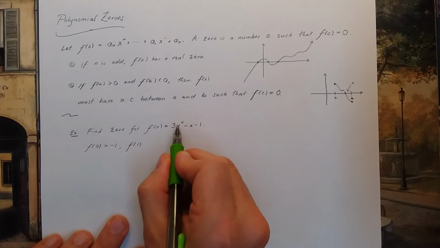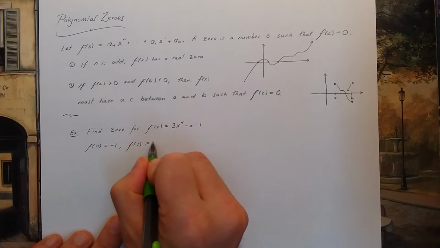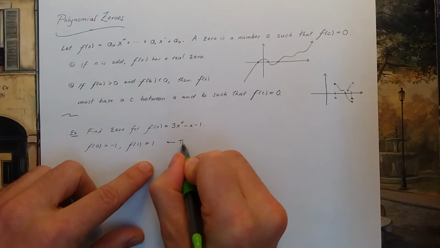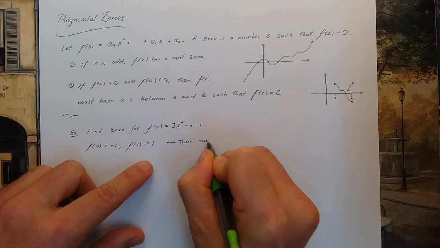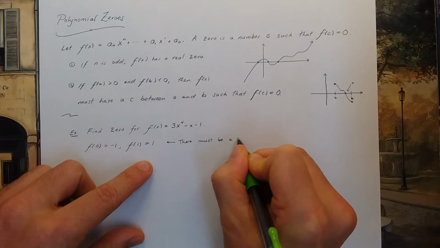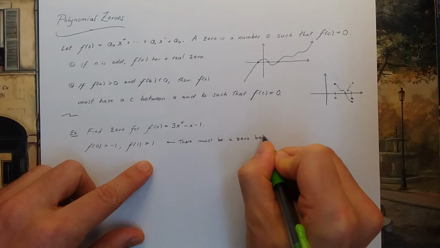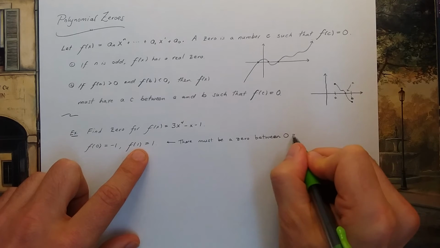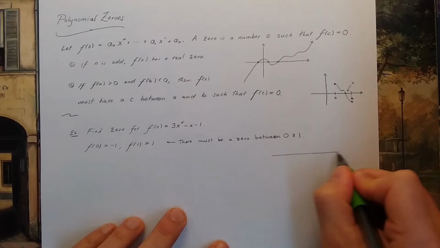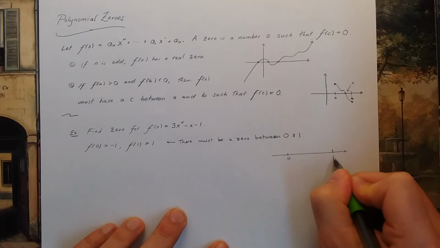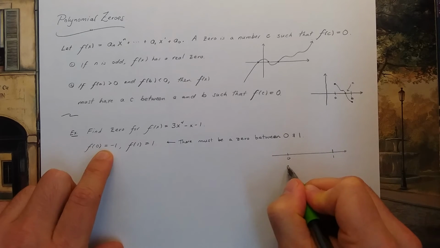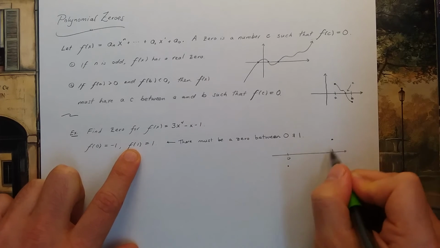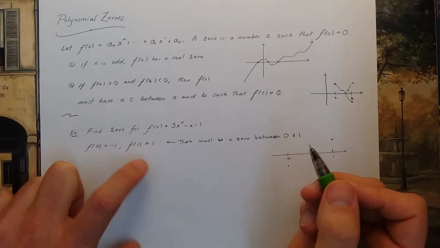So if I plug in positive 1, I get 3 minus 2, which is positive 1. So that means there must be a 0 between 0 and 1. So if I'm here on my number line, here's 0, here's 1. The function is negative on one endpoint, positive on the other, so somewhere in between, I have my answer.